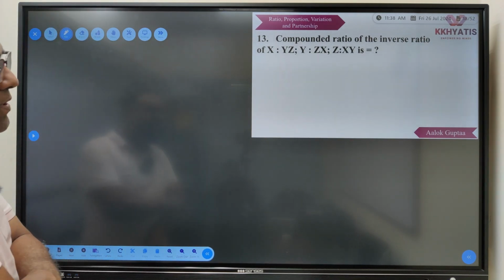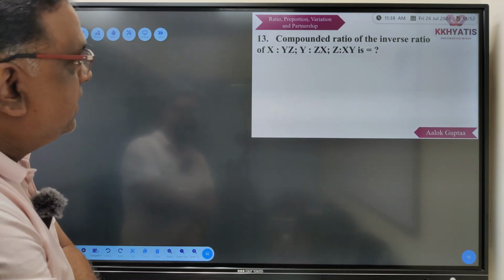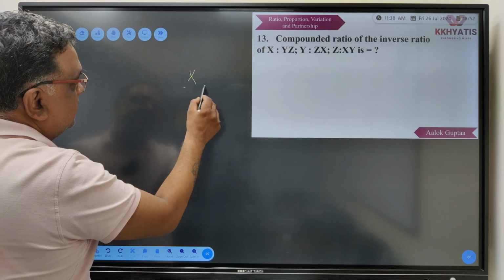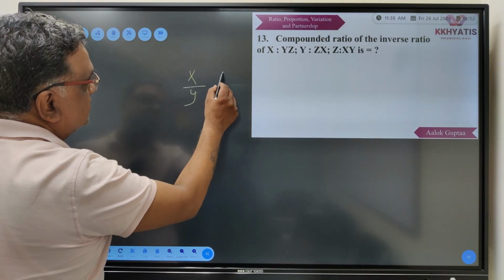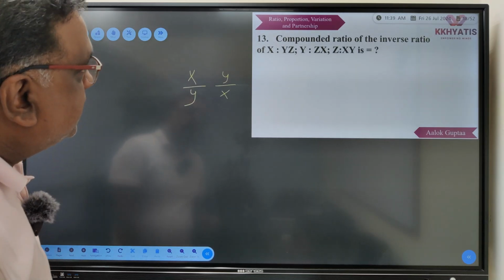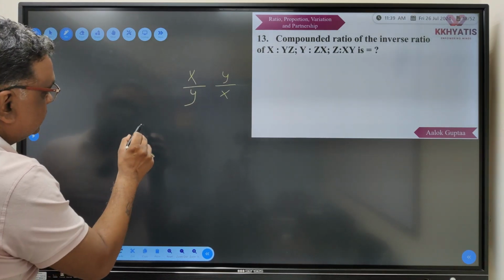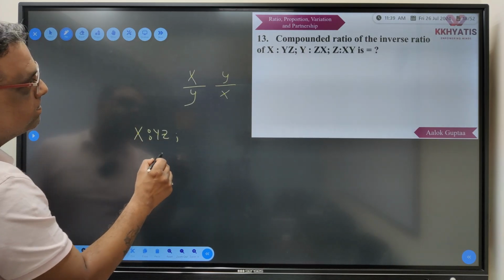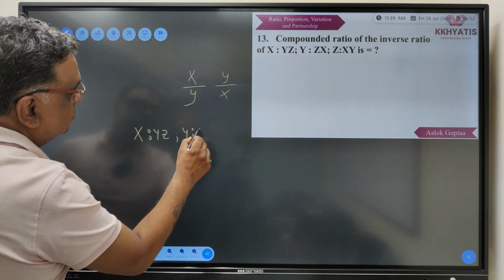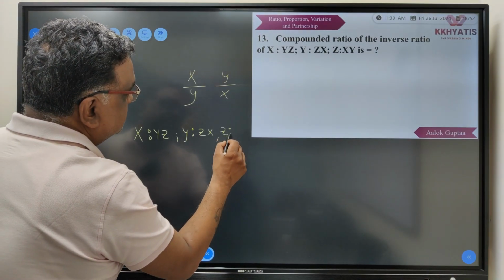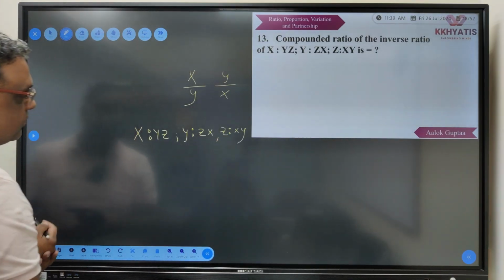Compounded ratio of the inverse ratio of x is to y is to z. So the inverse ratio of x upon y will be y upon x, correct? So my given ratio is x is to yz, y is to zx, and z is to xy, correct?